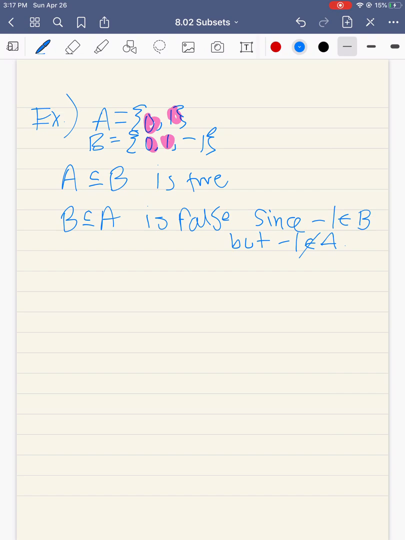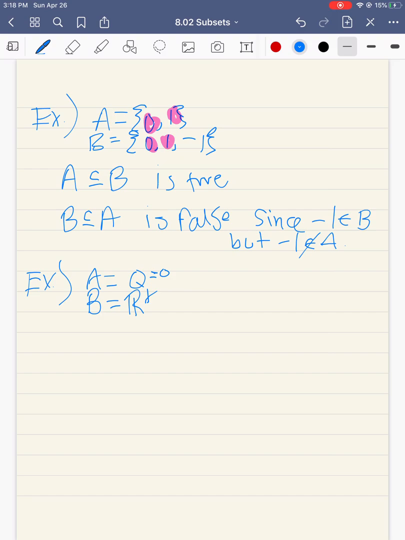So let's look at an example here with some of those sets. Our first example, we have let A be equal to the set of non-negative rationals, and then the set B, let's say, be the positive reals.